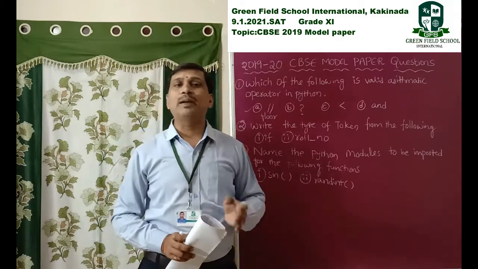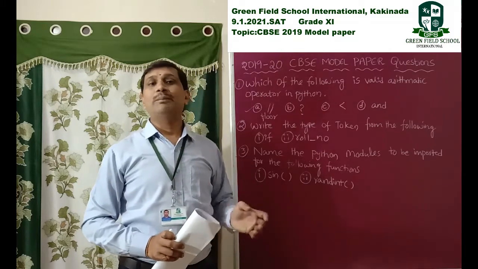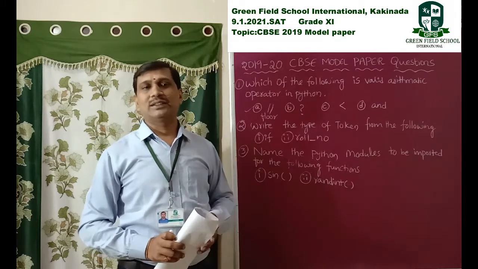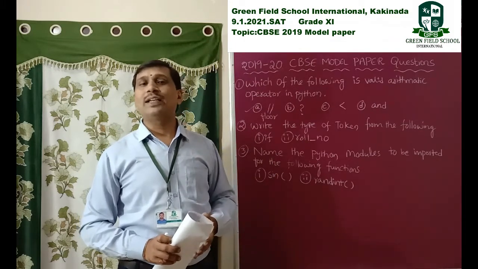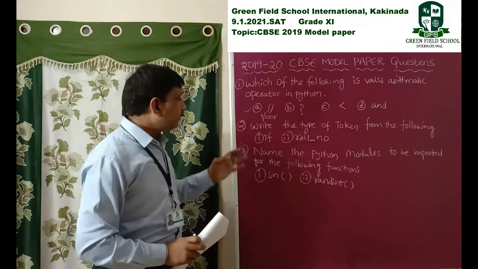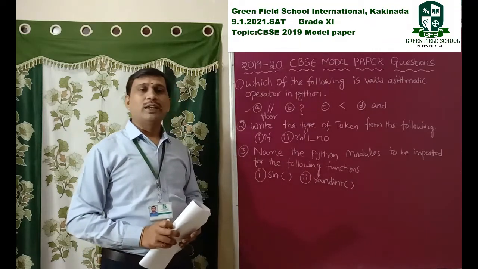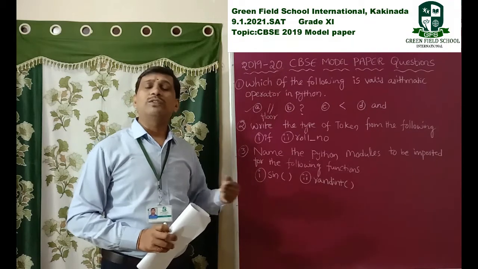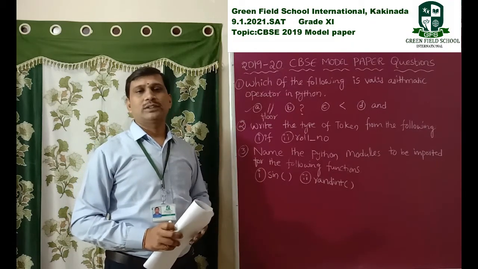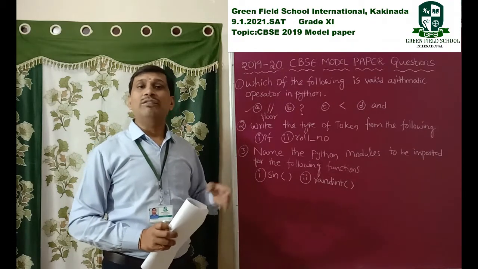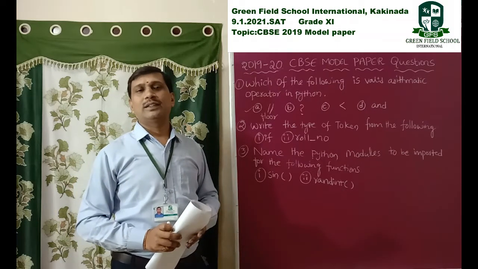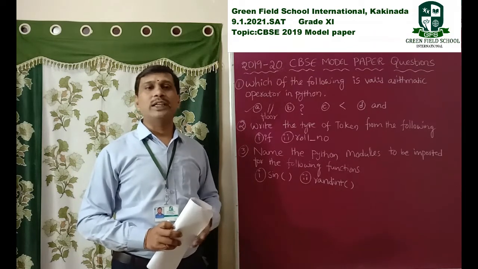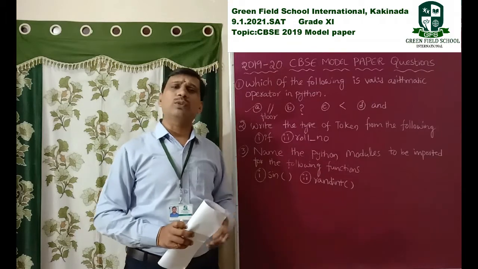The smallest individual separable value in any programming language is called a token. In Python, there are different types of tokens: identifiers, keywords, literals, data types, operators, punctuation. These are all different types of tokens.